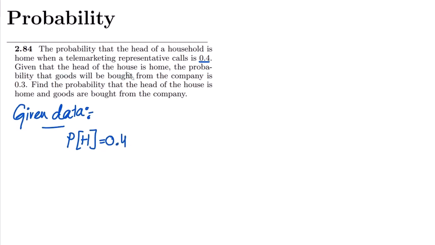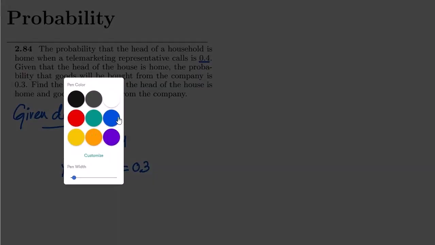And given that the head of the house is home, the probability that goods will be bought from the company is 0.3. Okay, so this is basically the conditional probability, in which the probability that goods will be bought, given that the head of the house is home, is 0.3, and here I am representing the goods bought with GB. I hope it is now clear.